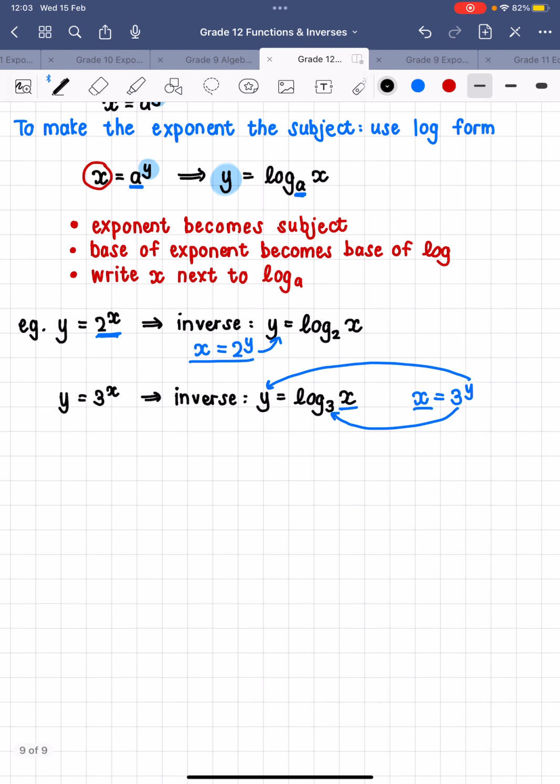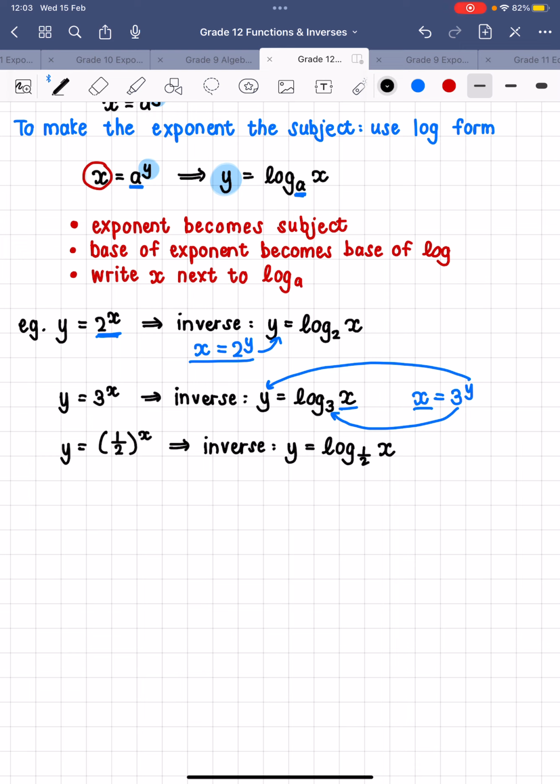The same thing happens when we have fractions in our equations. It happens quite often that you have, like, y equals a half to the power of x. In this case, the inverse is going to be y equals log base a half of x.